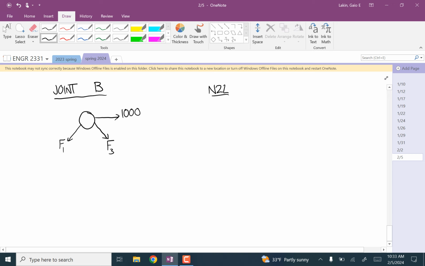So Newton's second law says this is just in the opposite direction of the other one we had. So you can think of this as negative F1 times the cosine of 60, negative F1 times the sine of 60.